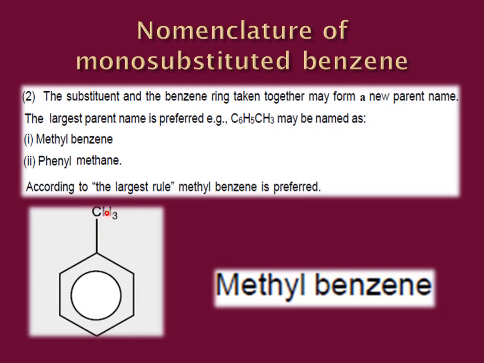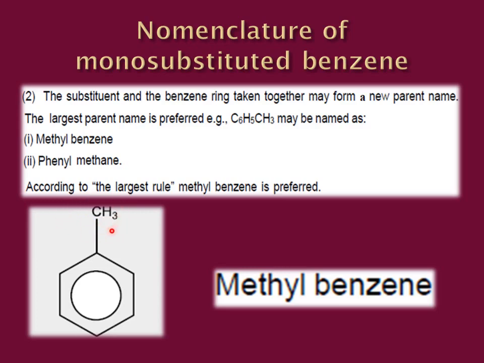Means the member which is going to have a larger ring or molar mass is going to be the parent name. Therefore, methyl being a smaller group is not taken as the parent. Instead, benzene is taken as the parent. So the name is methylbenzene.